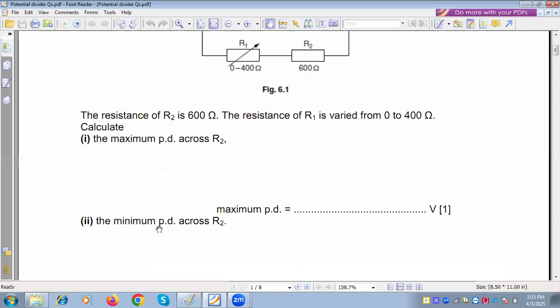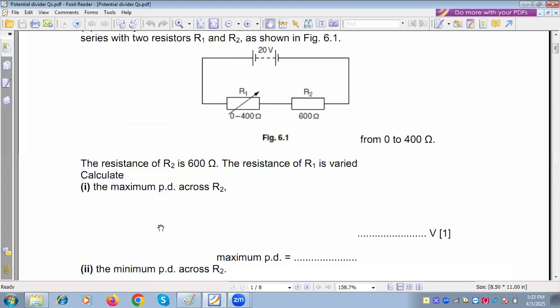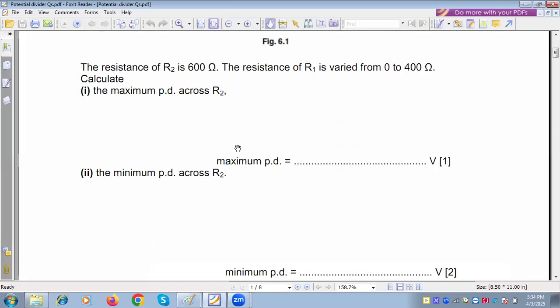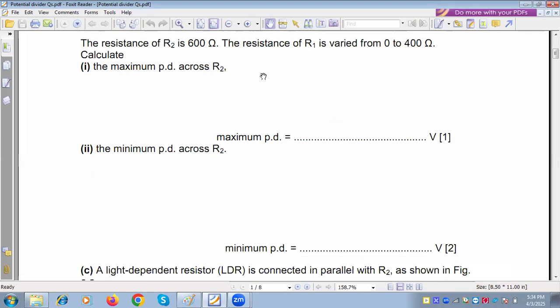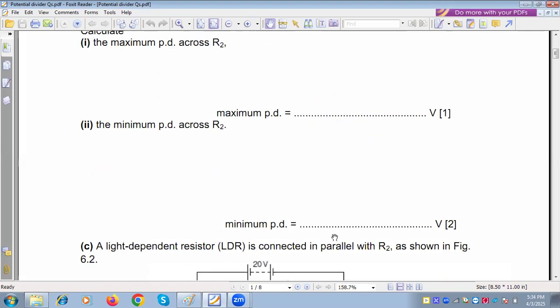Now minimum potential difference. Minimum potential difference means the charge should use energy while passing through R1 as well. When it was at 0, there was no energy used by charge while passing through R1. But when R1 has some value more than 0 ohm, the charge will be using that energy. So for the potential difference across R2 to be minimum, R1 should be at the maximum resistance, because in a series circuit the current is the same.